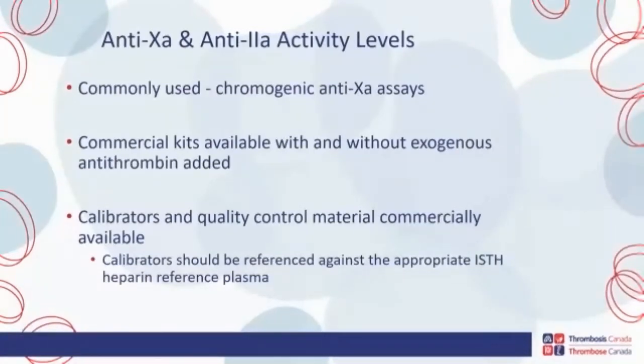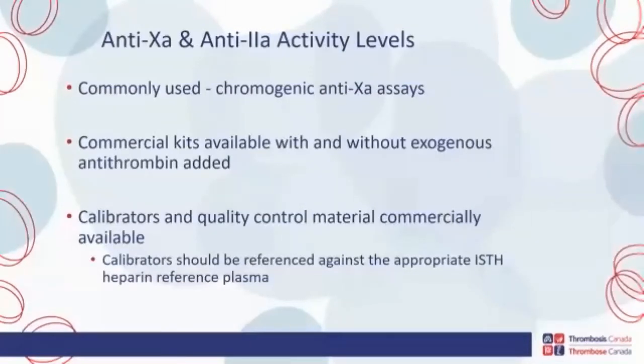So in kits that have exogenous antithrombin added, basically what you're measuring is how much heparin you gave the patient, because we're not seeing what is working in your patient. The ones that do not add exogenous antithrombin rely on the patient's antithrombin to allow that anticoagulant effect to be determined.